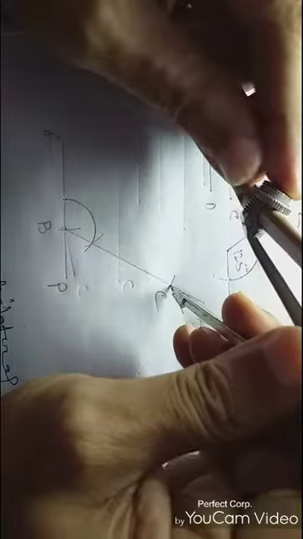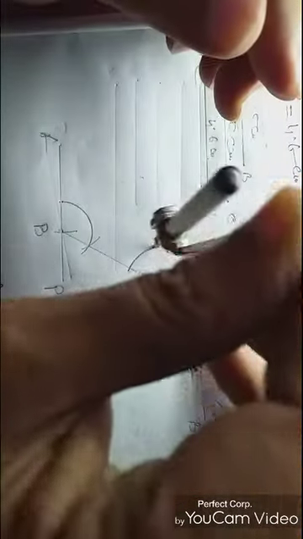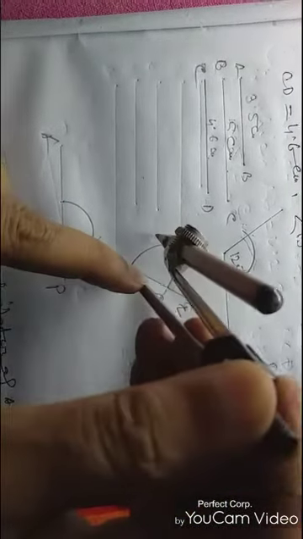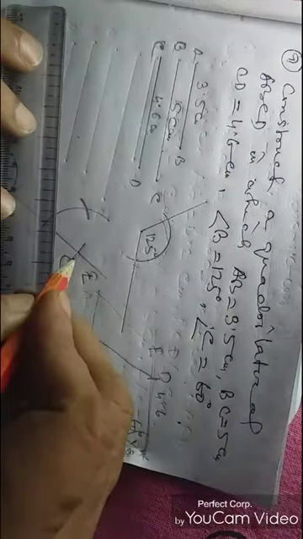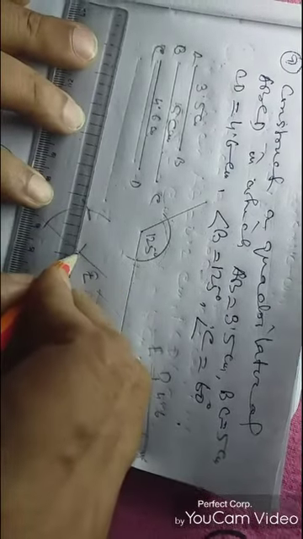Centering this one, take a suitable arc, draw one arc and with the same length the same arc is cut over here. This is making 60 degree, and draw this angle, that is 60.